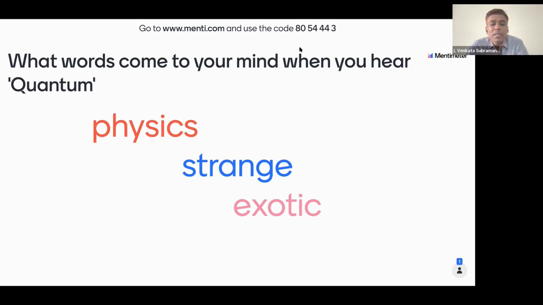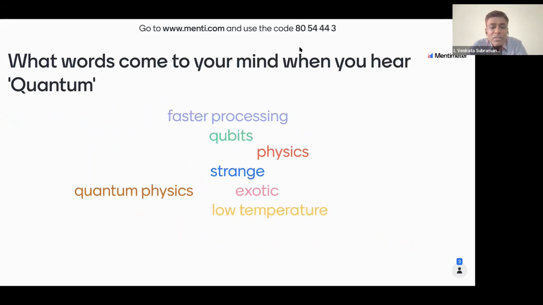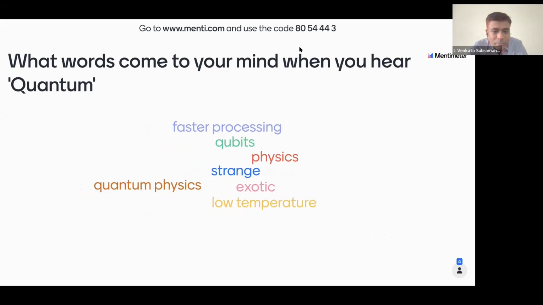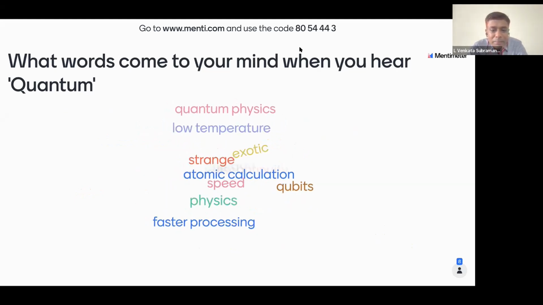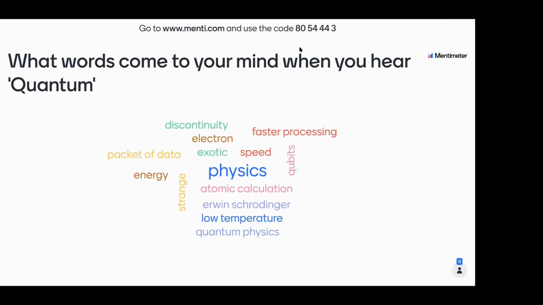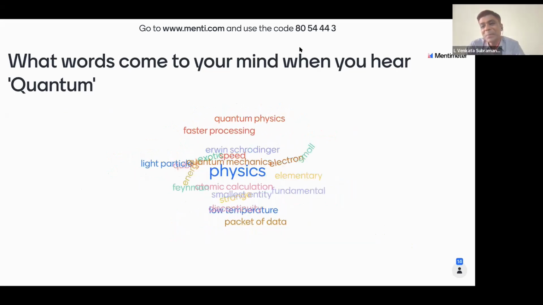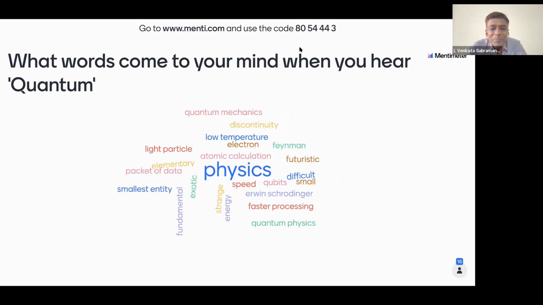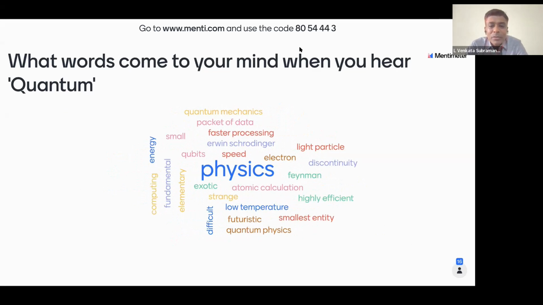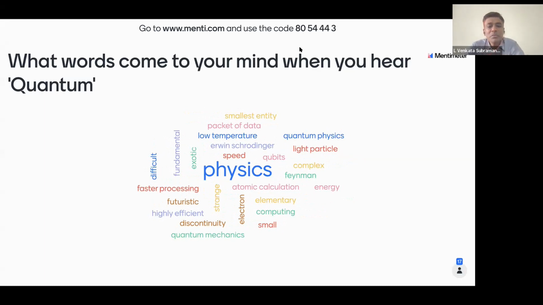Okay, so we have some physics, strange, exotic, faster processing, low temperature, quantum physics, atomic calculation, Erwin Schrödinger, yes, Schrödinger's cat, very famous. Qubits, light particle. Okay, very interesting.